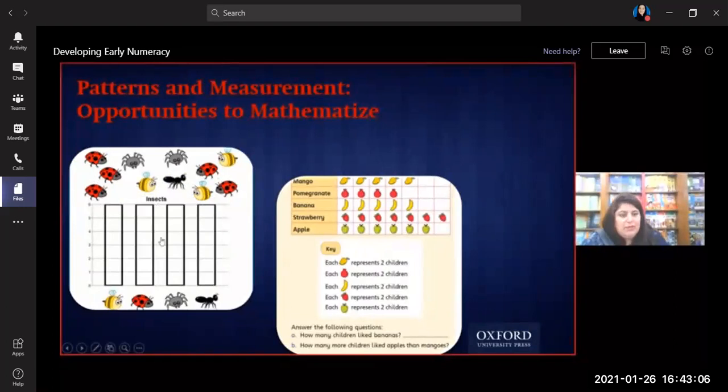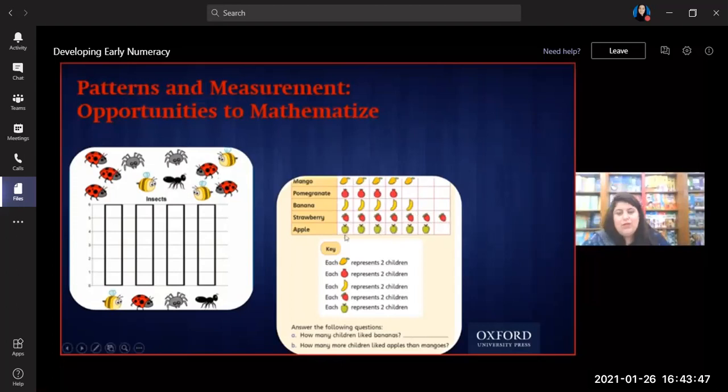So comparing the quantities and then actually understanding the concept of graphs is also taught to the children, and gradually children are able to actually make connections, like in this case, how many children would like mangoes, how many children would like pomegranate, how many children would like bananas. So strawberry is the most, I would say, popular fruit amongst this class, and pomegranate is the least popular amongst all these children.